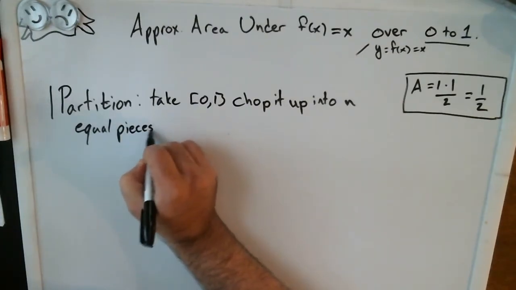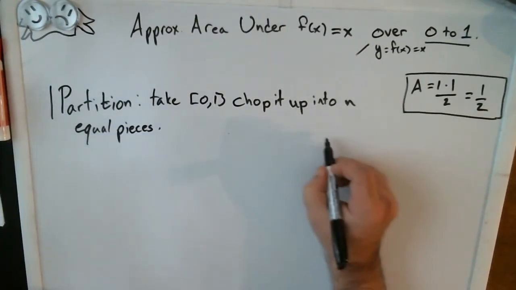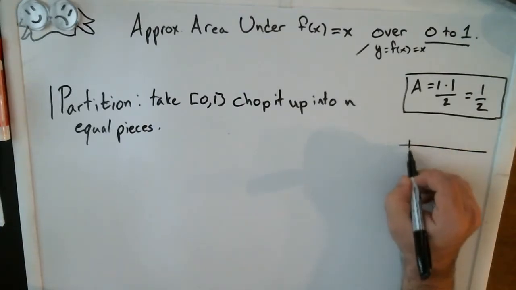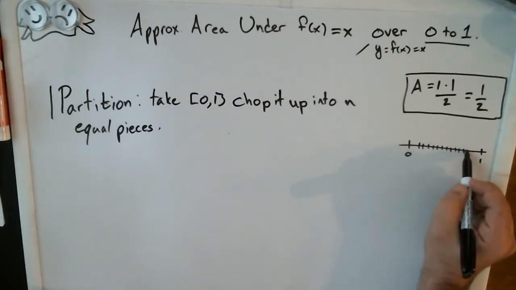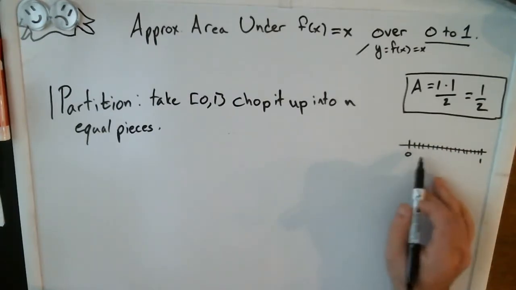Let's make a quick doodle of what we're doing here: 0 to 1, and we chop it up into n pieces, all of which are the same length.